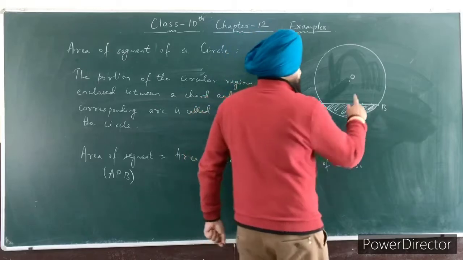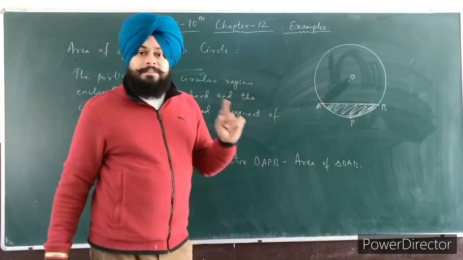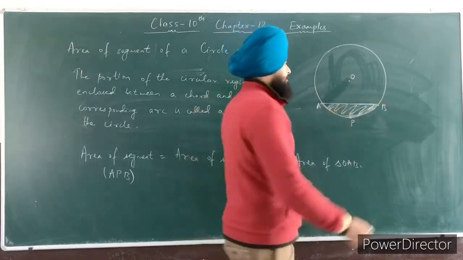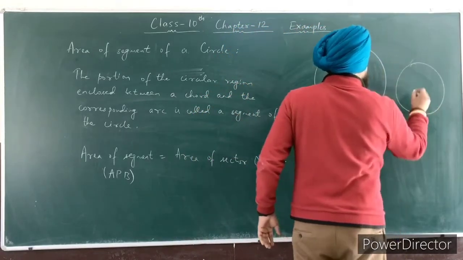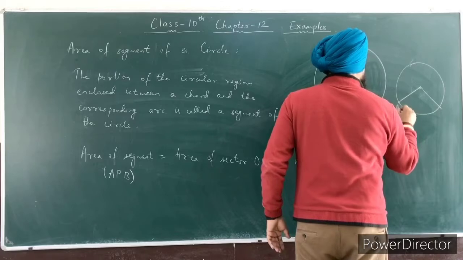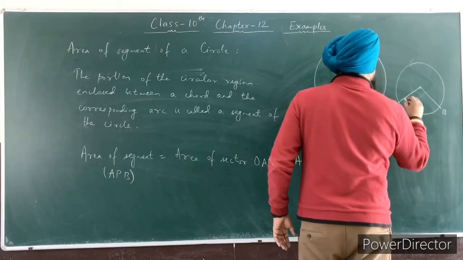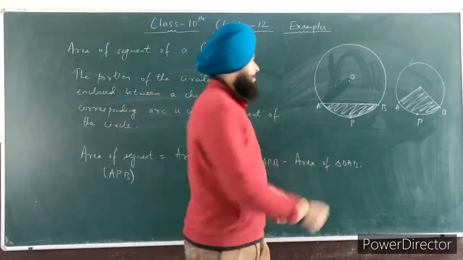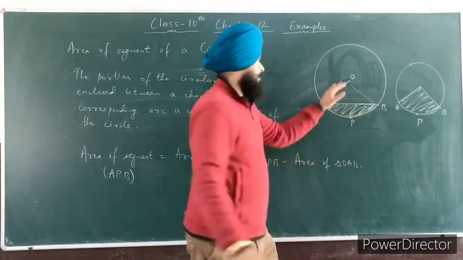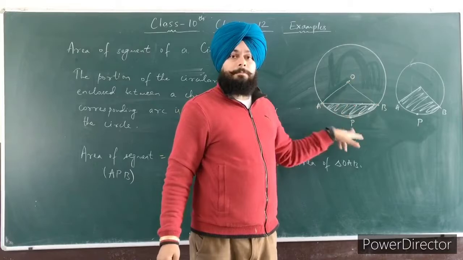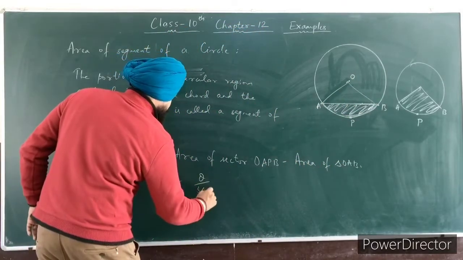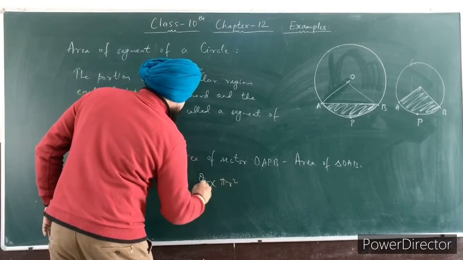So to find the area of this segment, you will first find the area of this complete sector, sector OAPB. The area of a sector is theta over 360 into pi r square.